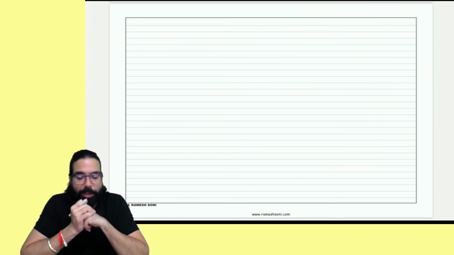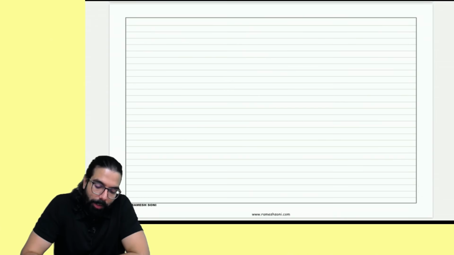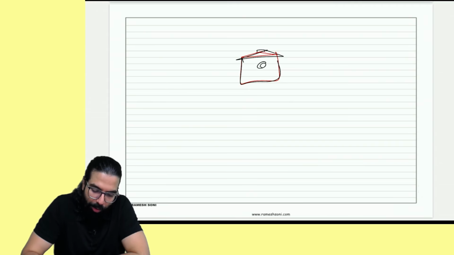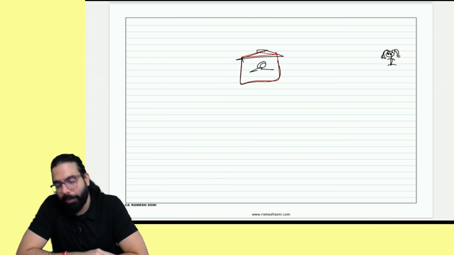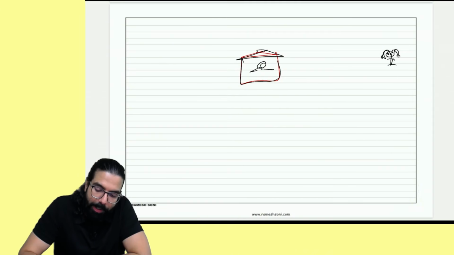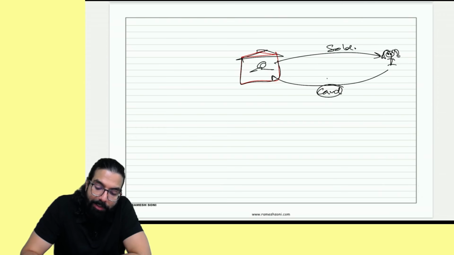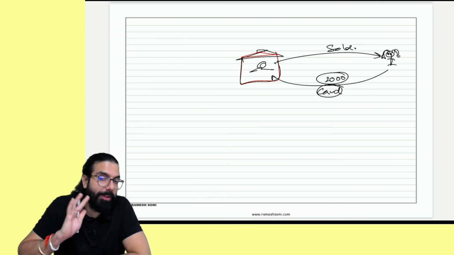Here, listen carefully. One shopkeeper is there. One madam came and told, sir, I want to buy something. The shopkeeper sold the goods. She made the payment using a card. Suppose she is using a card for up to 2000 rupees.